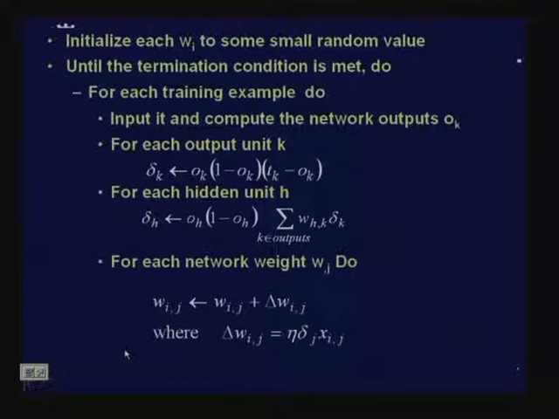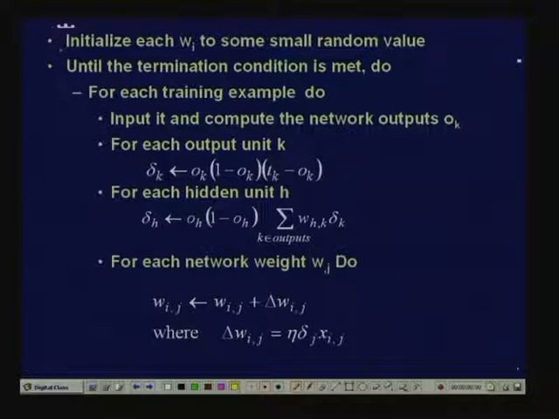Now, let us have a look at the backpropagation algorithm. In the first step, we initialize the weights to some small random values. So, we first decide a topology of the neural network, which has some arcs, and with each arc there are some weights.